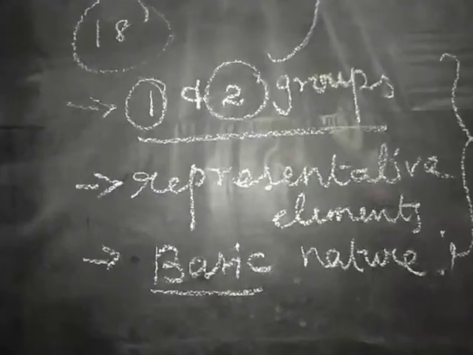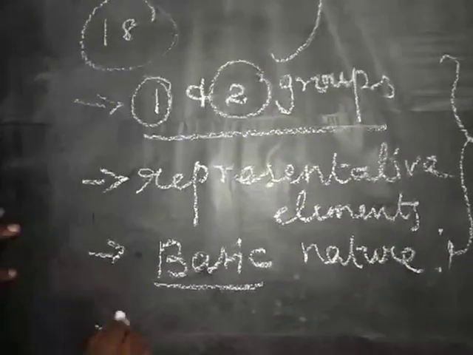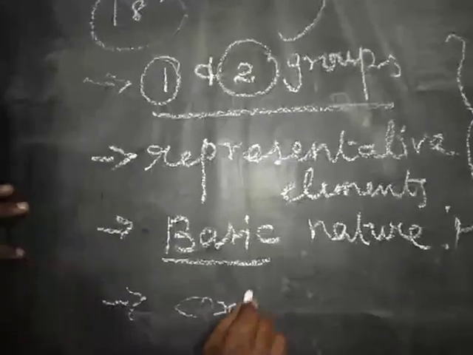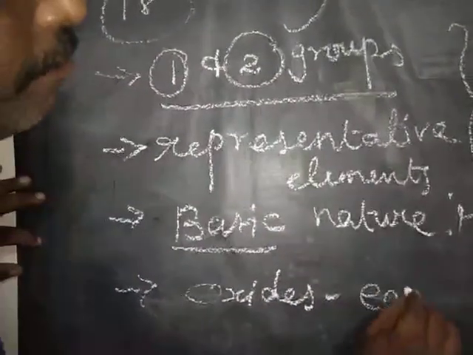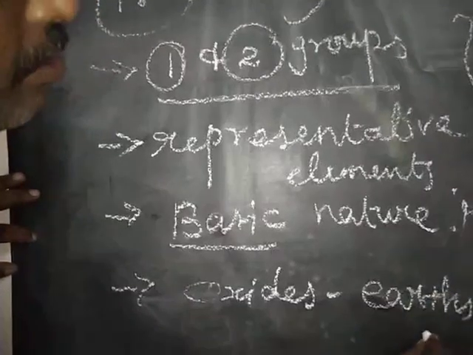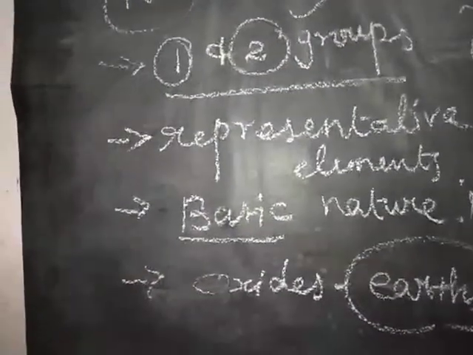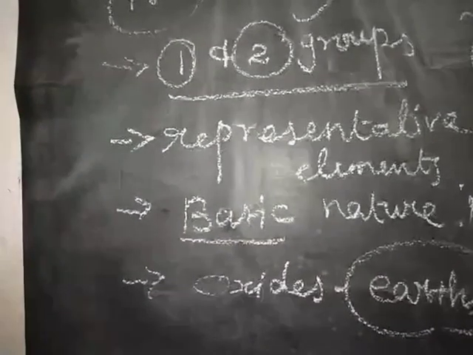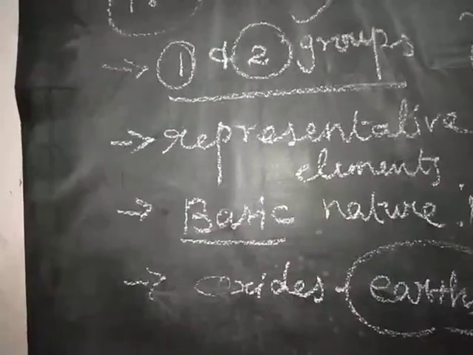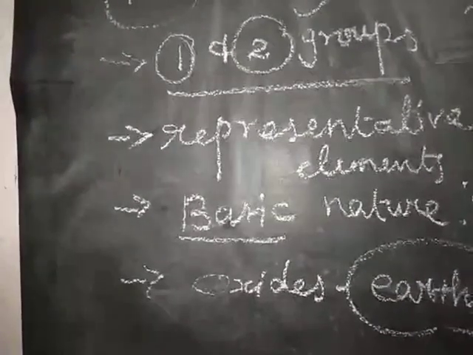The second group metals readily react with oxygen to form oxides. Formerly oxides were known as earths, so they are called alkaline earth metals. These are all the details about S block elements. The first and second groups together are called S block elements.